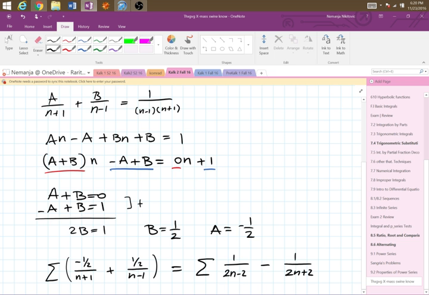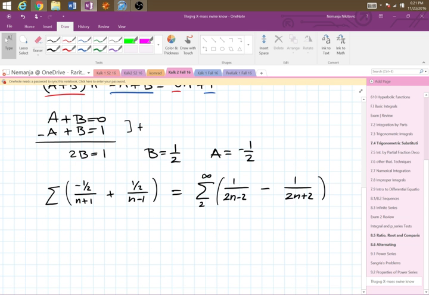So what I've done here is I distributed the half, which distributes in the denominator. And then I swapped the order of the two, so I have the positive term first and then the negative. It goes from 2 to infinity.